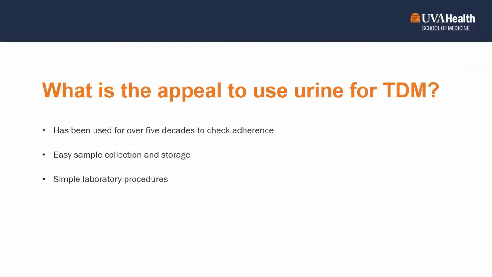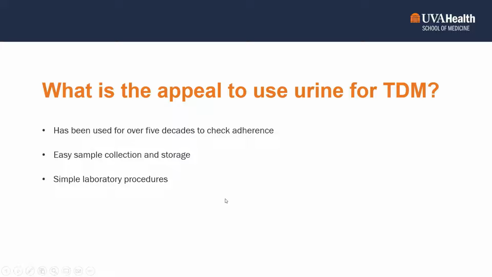Like DBS and saliva, urine uses minimal pre-processing, unlike serum, which needs to be stored in a freezer right away because TB drugs like rifampin and isoniazid degrade very quickly. Once serum or plasma is collected from whole blood, it needs to be frozen right away, and we don't have to do that for urine. It's just refrigerated and it can stay good for at least 24 hours, and we freeze urine afterwards.